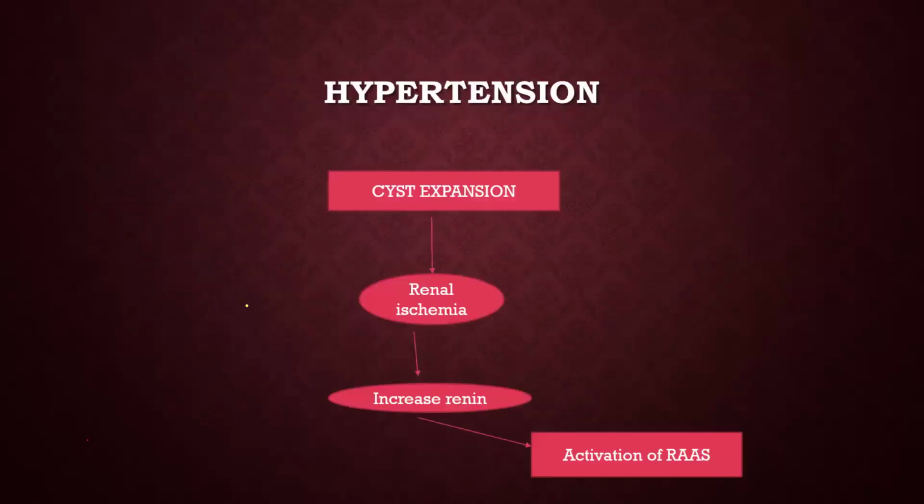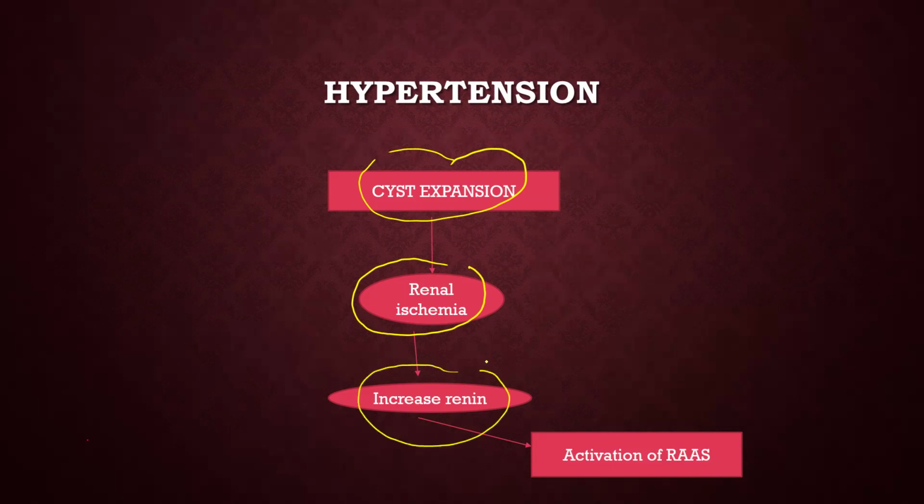Okay, so this is the mechanism of hypertension in polycystic kidney disease. Cyst expansion leads to localized renal ischemia. This leads to activation of the renin-angiotensin-aldosterone system, which ultimately leads to hypertension.